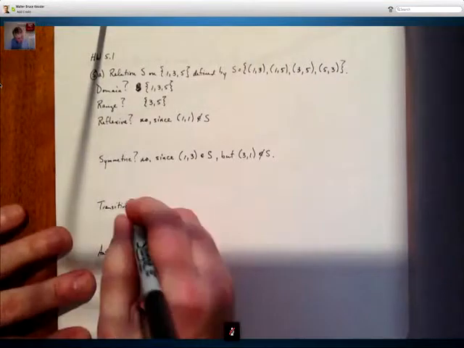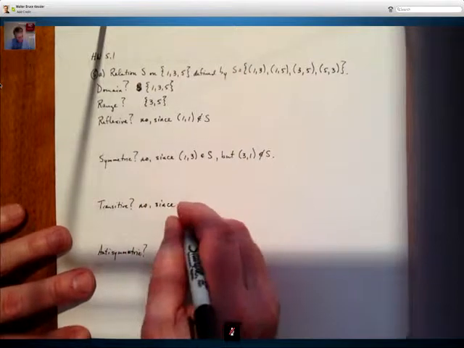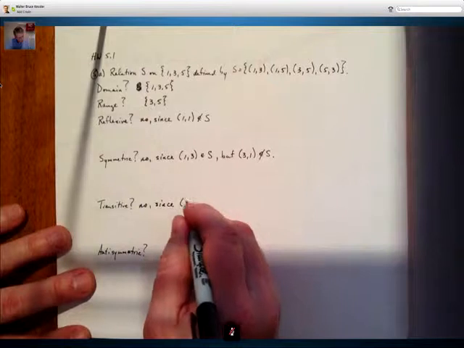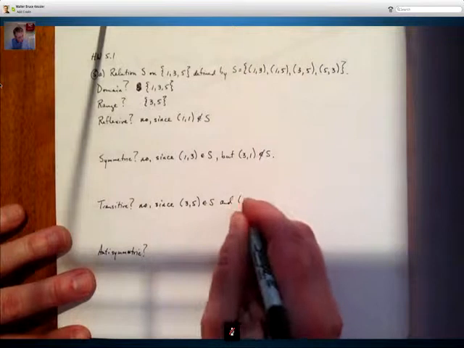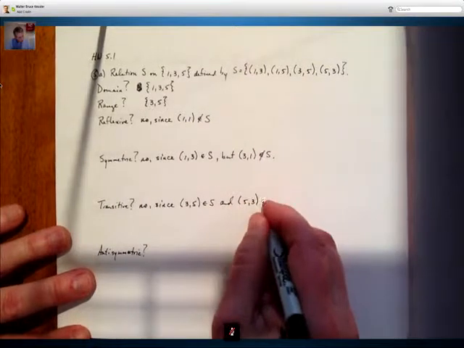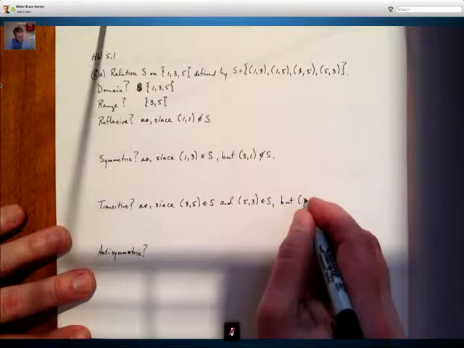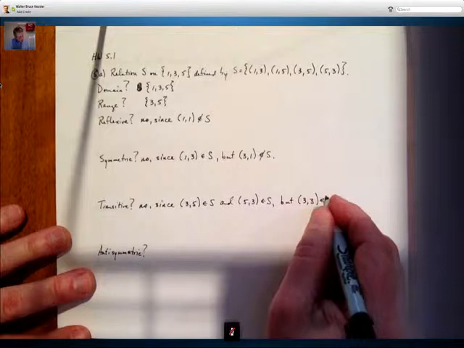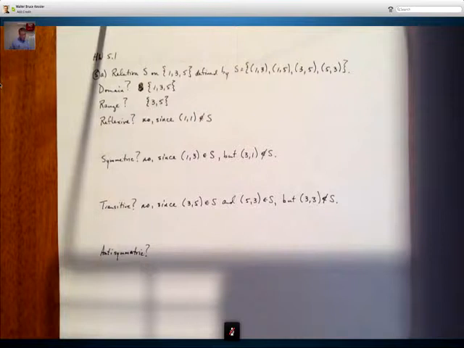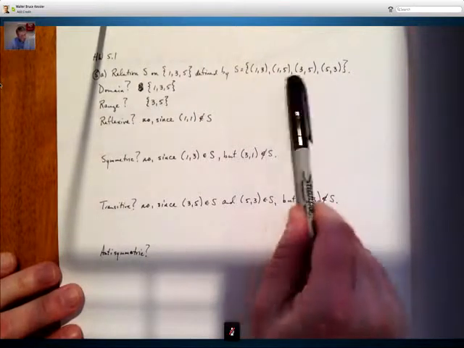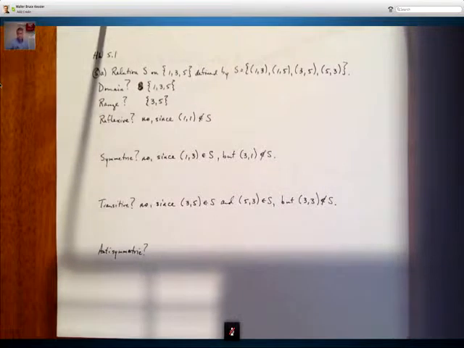So this is not transitive, and that is my counterexample. No, since 3, 5 is in this relation, and 5, 3 is in this relation, but 3, 3 is not. Okay, and there may be another counterexample. Let's see. 5 goes to 3, and then 3 goes to 5, and I don't have 5, 5 either. So that would be another counterexample.